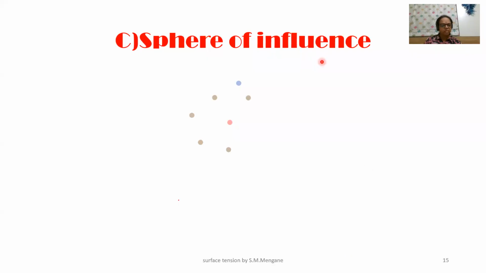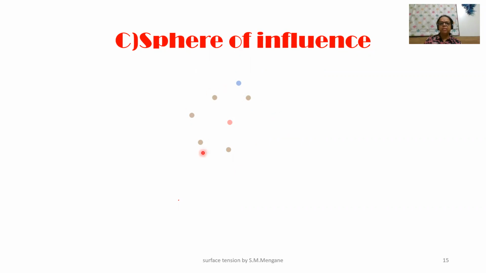Sphere of influence. To study the sphere of influence, again remember one thing, that is the electric field in electrostatics. In an electric field, what happens? If we place a charge at any point, then an electric field is produced in the surrounding region.